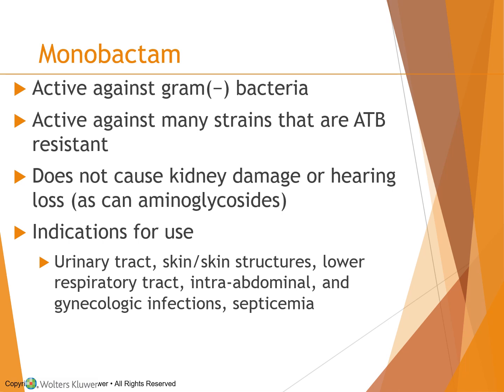This medication is also going to be active against many of the resistant strains of bacteria. It does not cause kidney damage or hearing loss, as we're going to see with the aminoglycosides, which could cause nephrotoxicity or ototoxicity, oto referring to the ear.